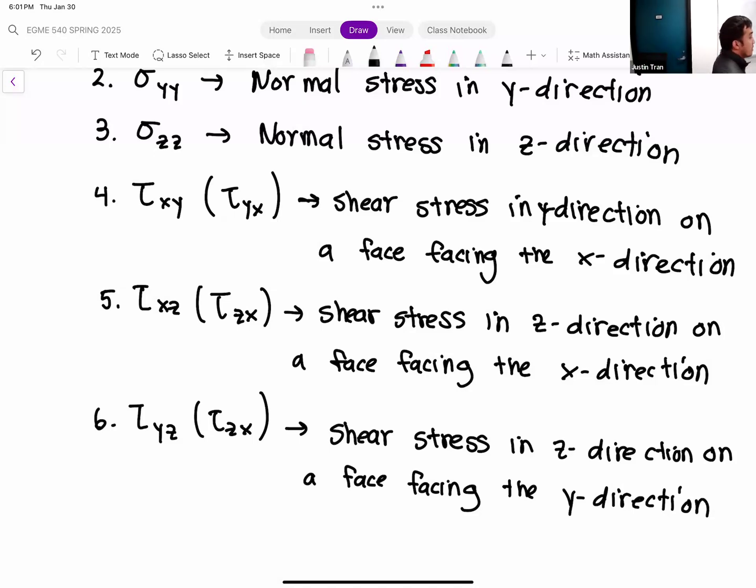Question, yes. There is a tau zy, yes. Oh, thank you. That is a typo. So the tau zy should be the opposite component for this one. Yeah, thank you for catching that.